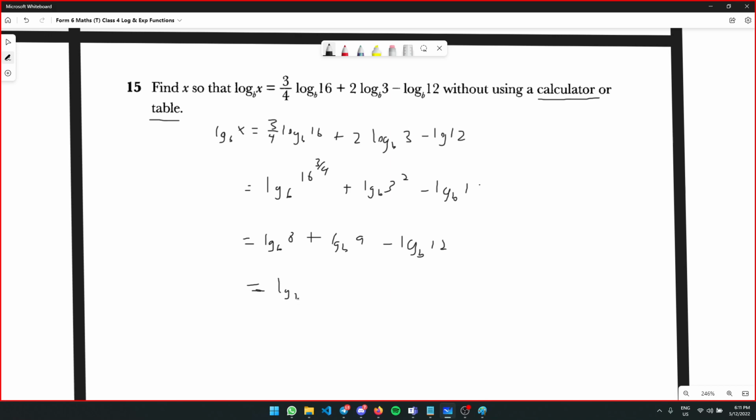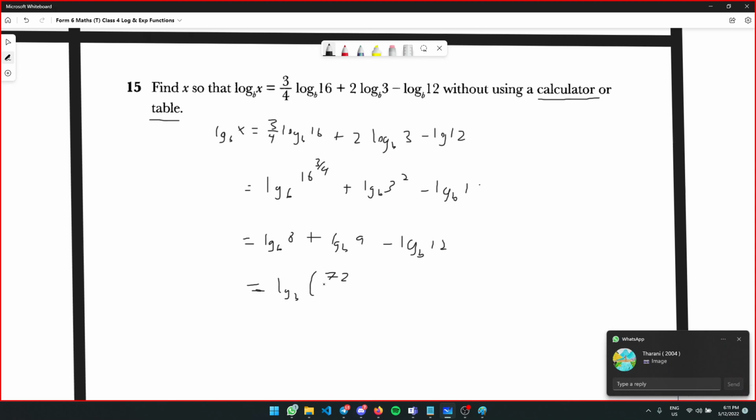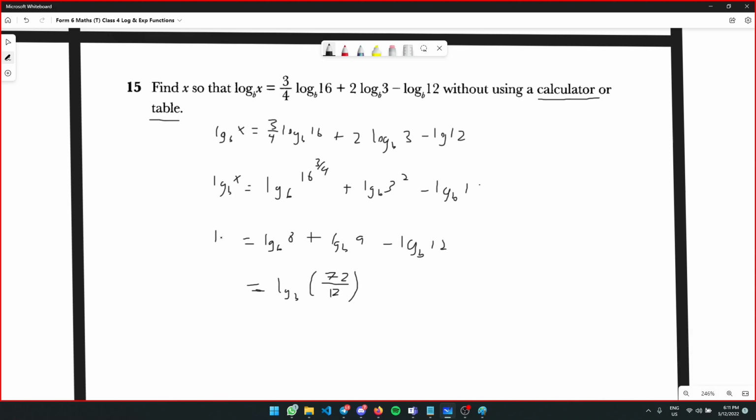So log b x equals log b 6, so x equals 6.